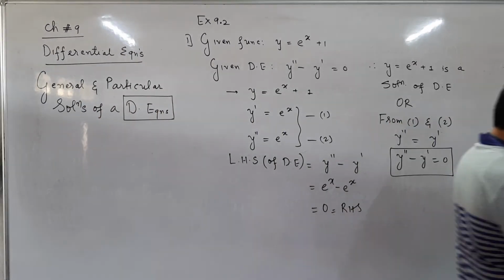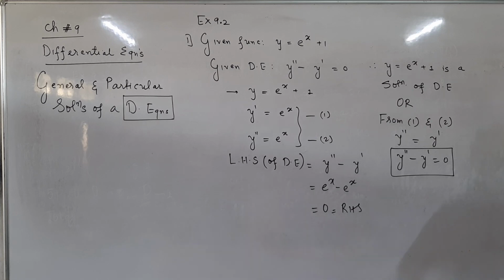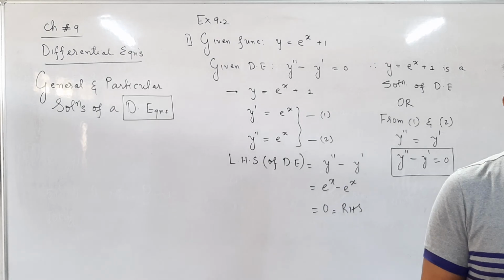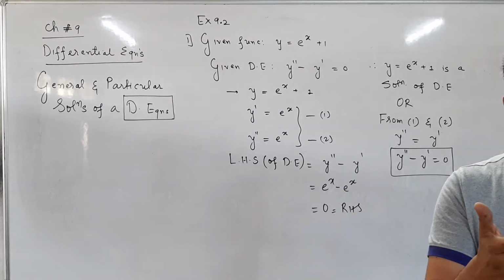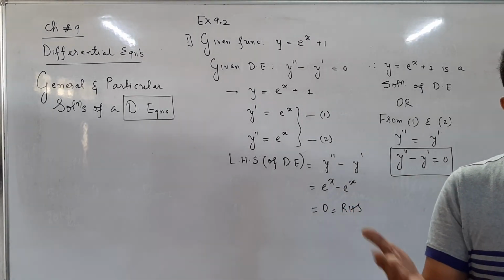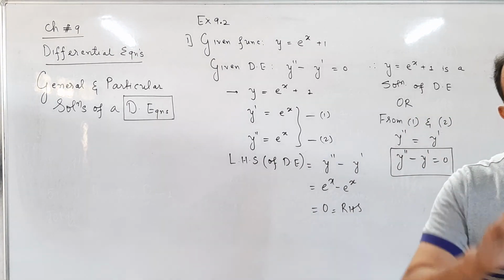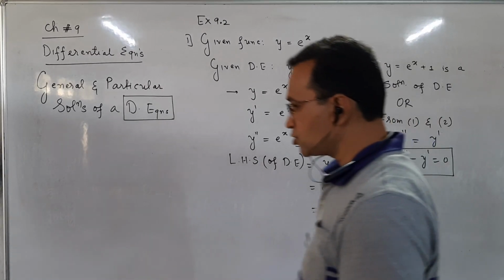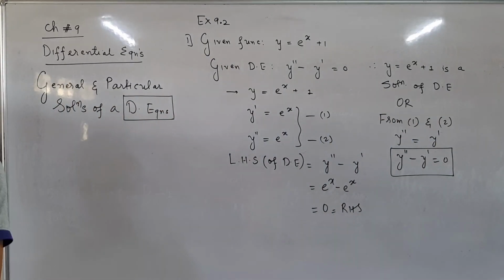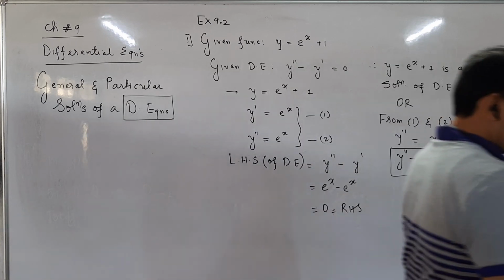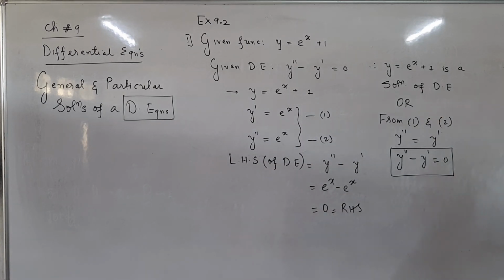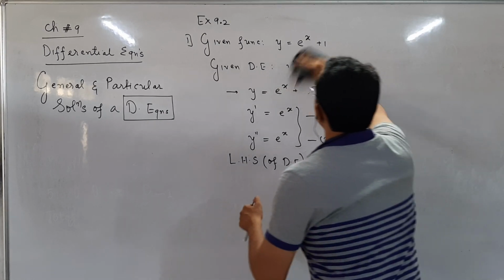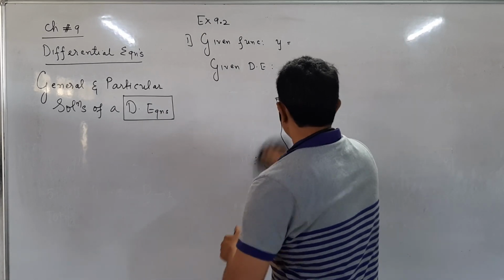So basically there are two ways to verify that the given function is the solution of a differential equation. First, find the required derivatives, start with the LHS of the differential equation, get the RHS, so it is verified. Second, from the given function develop the differential equation. Both ways we can do the sums, so do not worry. Okay, let us do the second sum.